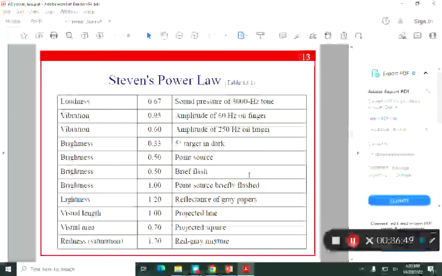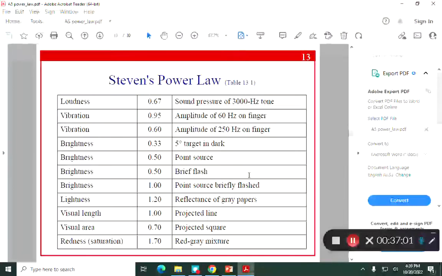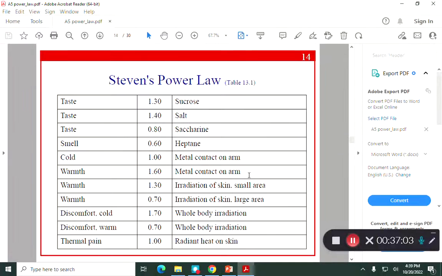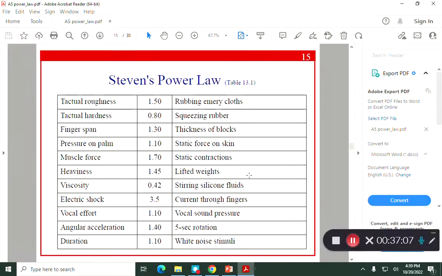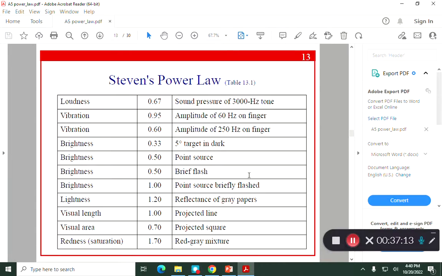Okay, so Stevens' power law here basically shows that he compared different stuff: loudness, vibration, sound, visual area, and taste. He measured everything. Can you tell me what is the most striking high scale event here?